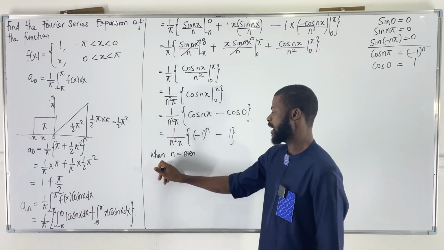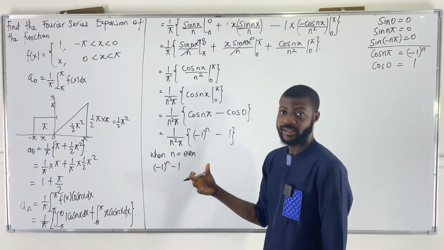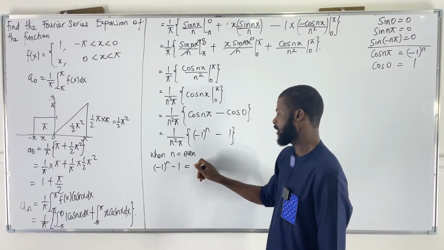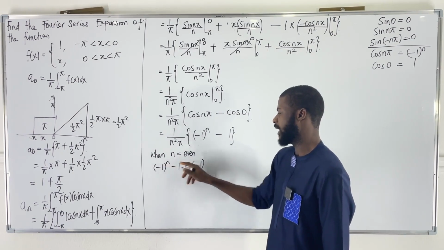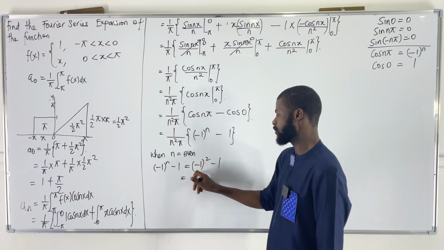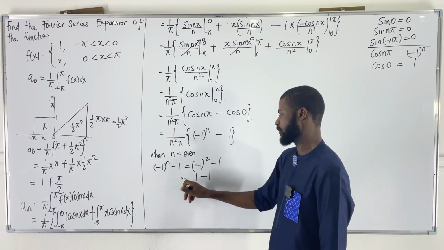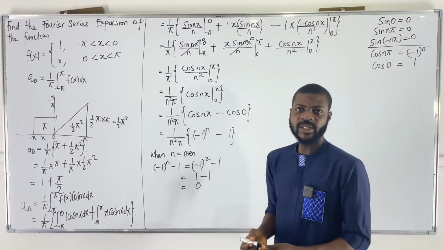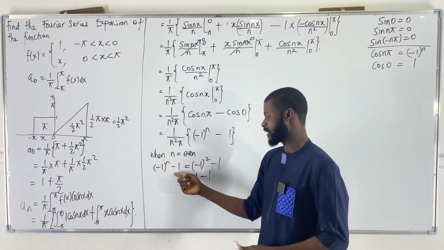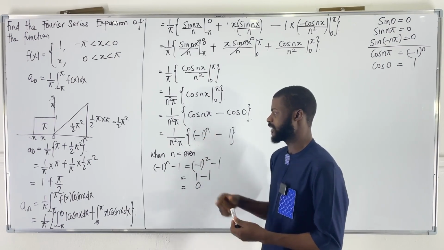So we know that minus 1 to the power of n, minus 1 is the expression that we're trying to find out how it behaves. So this will be minus 1 to the power of, pick an even number for n, let's say 2, minus 1. Now minus 1 to the power of 2 is 1, and then you have minus 1, so this is 0. So what this means is when n is even, you're going to be getting this bracket as 0.